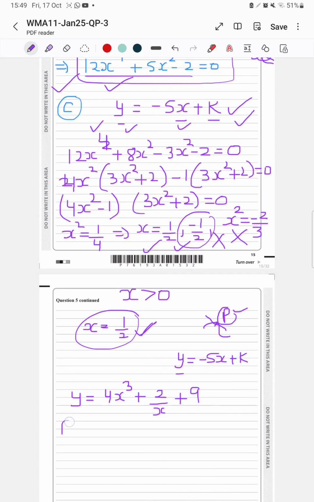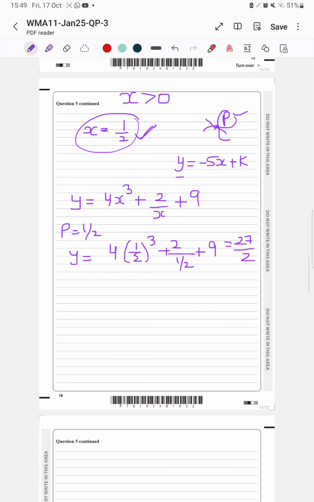So I substitute x as a half. So I will be getting y equal to 4 times 1 by 2 the whole cubed plus 2 divided by 1 by 2 plus 9. When you solve it, you will get 27 by 2. So basically my point P now is a half comma 27 divided by 2.